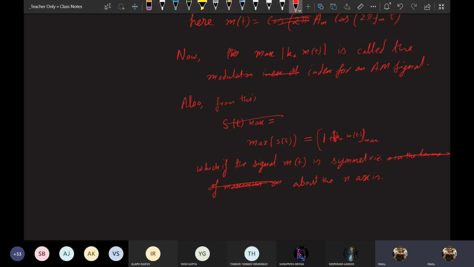You understand what symmetric about the x-axis means? That its maximum and minimum value have the same magnitude.